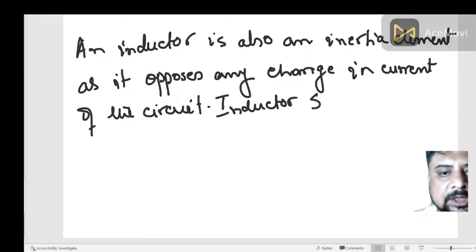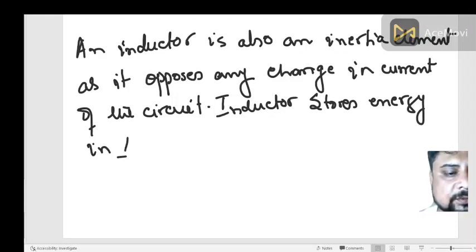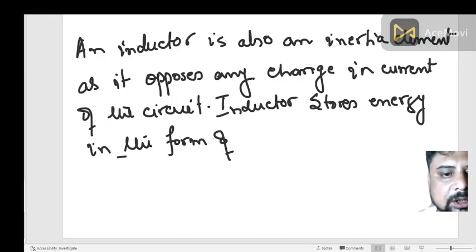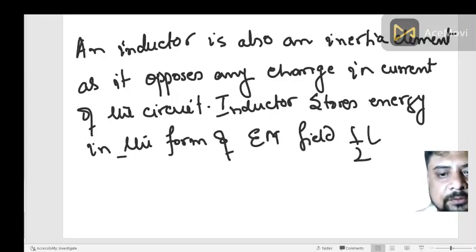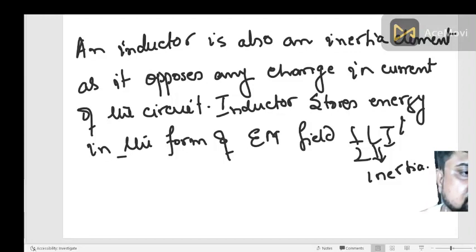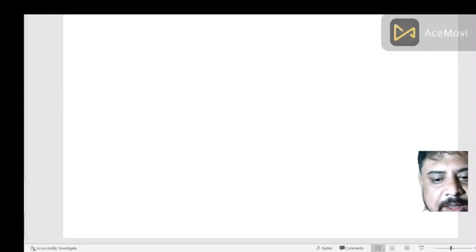An inductor stores energy in the form of an electromagnetic field, and it is half Li square. So this is the inertia element, and this property is used in inductor filter circuits.